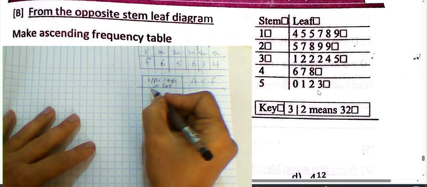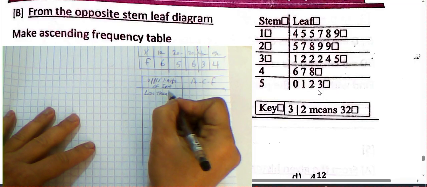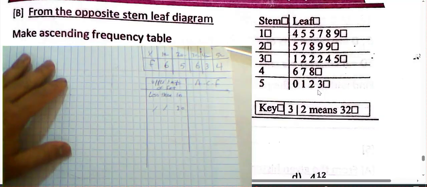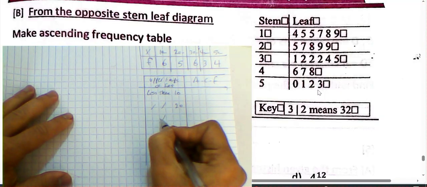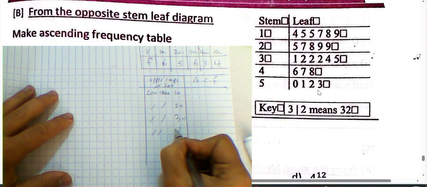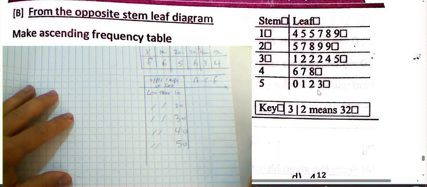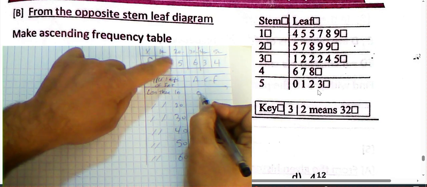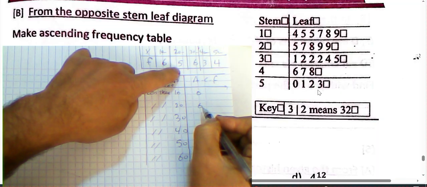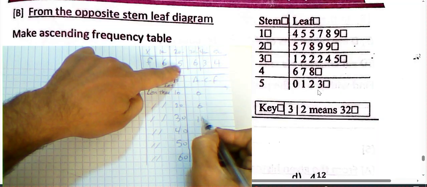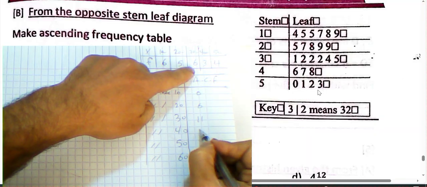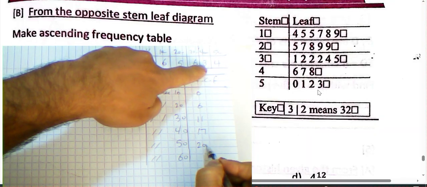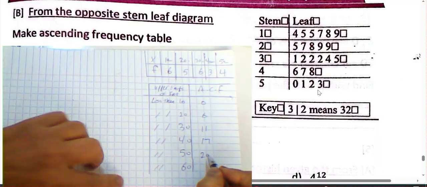Right, first here less than 10, less than 20, less than 30, less than 40, less than 50, less than 60. Less than 10 is 0, less than 20 is 6, less than 30 is 5 plus 6, 11, less than 40 is 11 plus 6 is 17, less than 50 is 3 plus 17 equals 20, less than 60 is 4 plus 20 is 24.